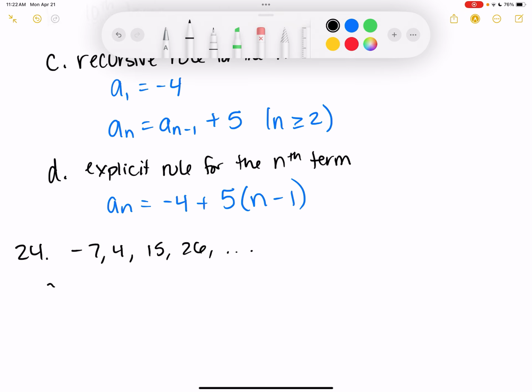What is the common difference? How am I getting from -7 to 4, 4 to 15, and so on? Add 11, yep.